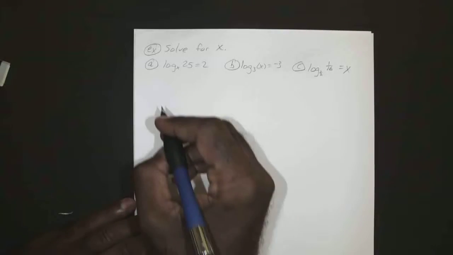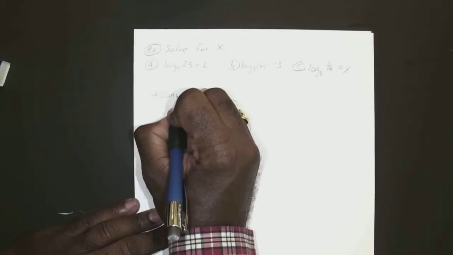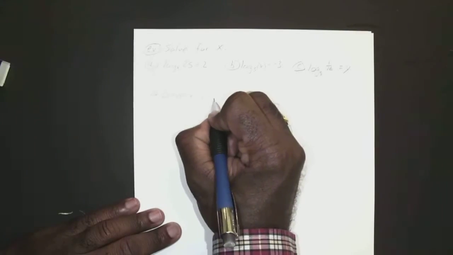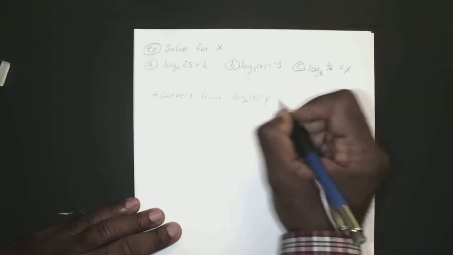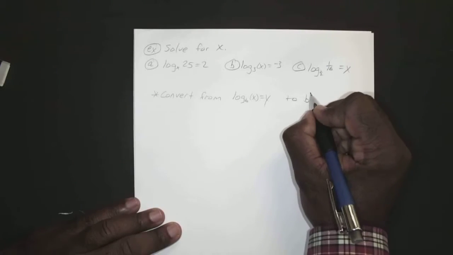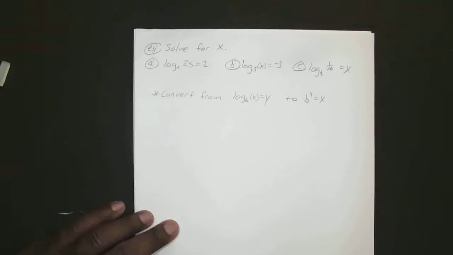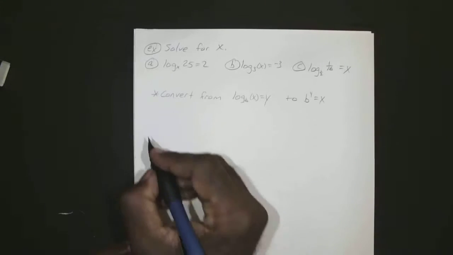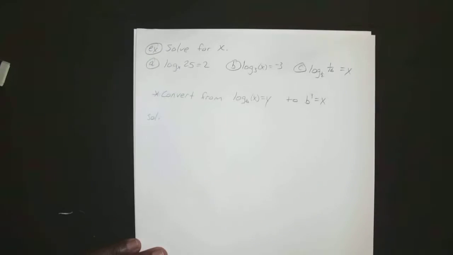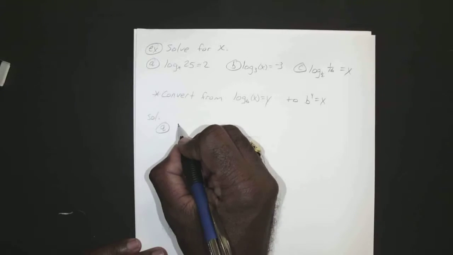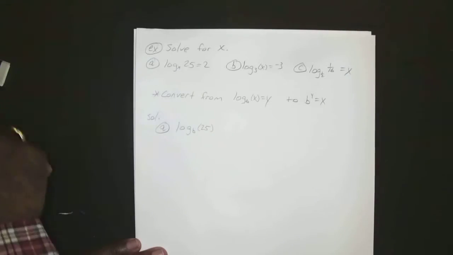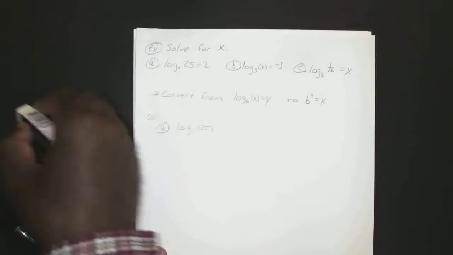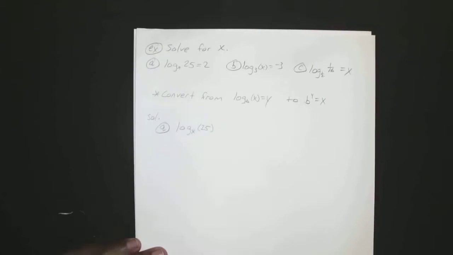So for each one of these, you're going to convert from log base b of x equals y to your base to the power of y equals x. So for A, log base x of 25 equals 2.